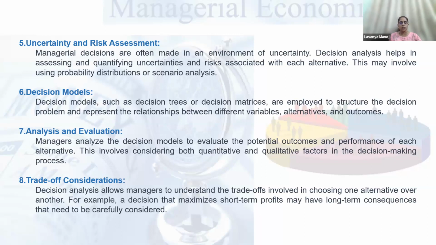And the decision models: use various decision models and analysis and evaluation, do a final evaluation and a trade-off consideration. So whatever weaker decisions you find, just trade them off, remove them from the list, and always keep the strong decisions, and drop whichever has no good grading or no higher positive factors.